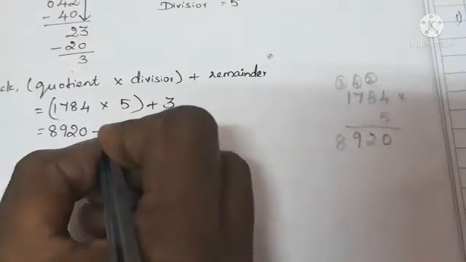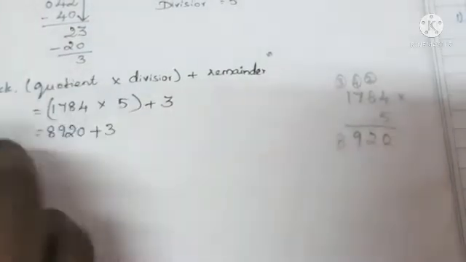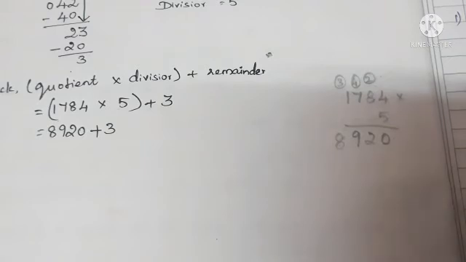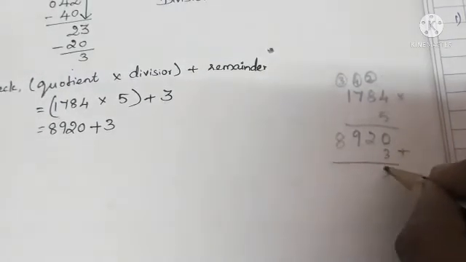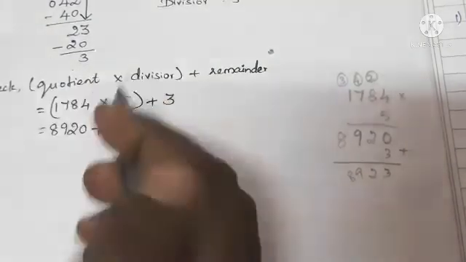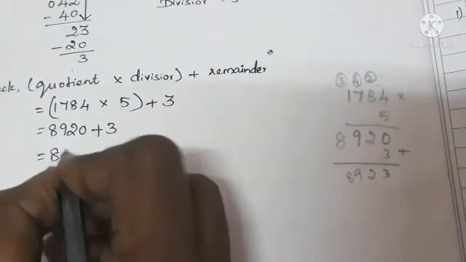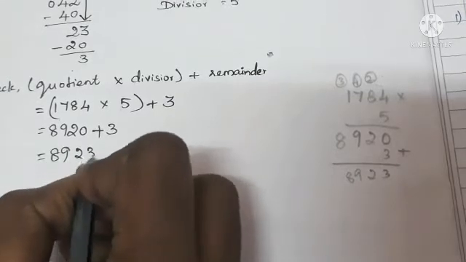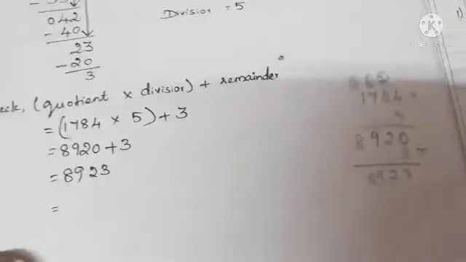8,920 plus, this much only is over, then remaining we have plus 3. If we add 3, we can add it here itself. So 0 plus 3 is 3, then 2, 9, 8. So we got the value as 8,923.